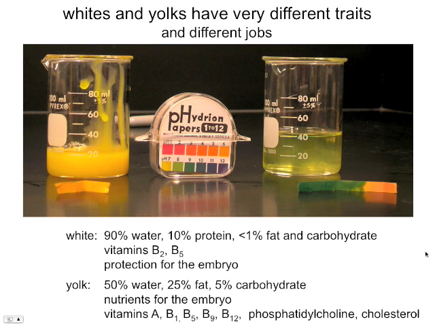But first, turning to the yolk. So 50% water, as we've seen, 25% fat, 5% carbohydrate. Providing a lot of nutrients for the embryo. As we'll see, vitamins A, B1, B5, B9, B12, as well as some important lipids, phosphatidylcholine, and cholesterol.